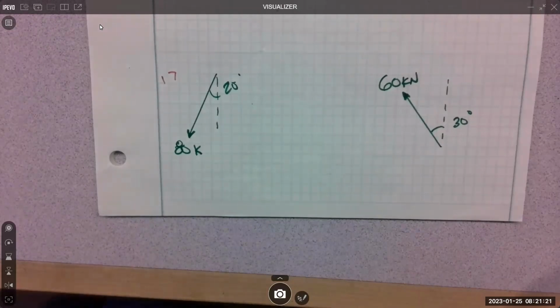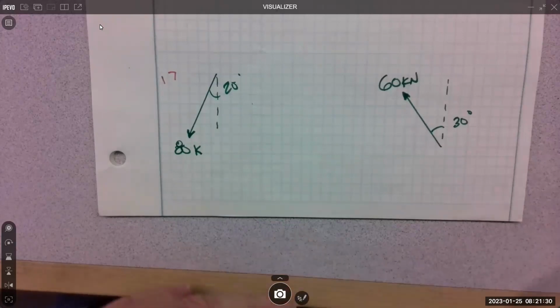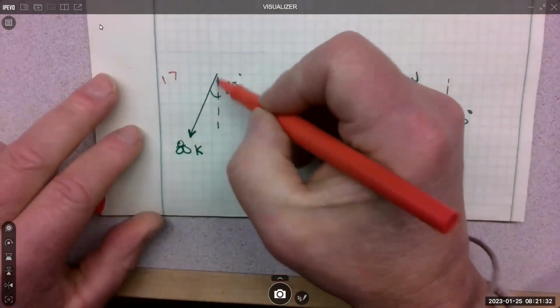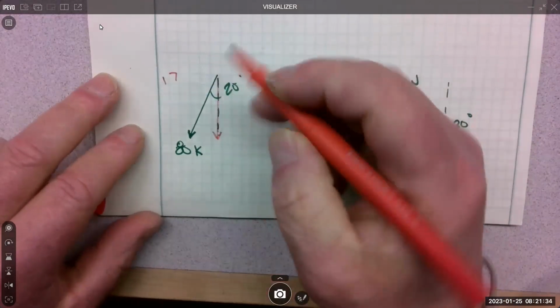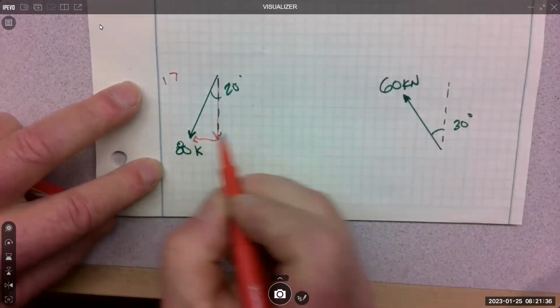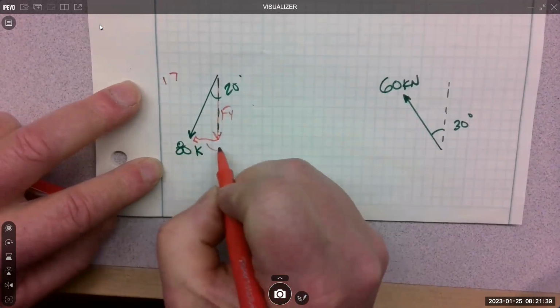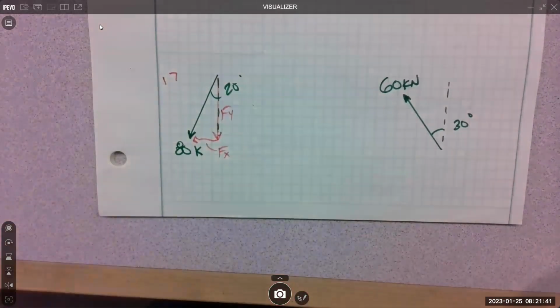At a 20-degree angle from vertical. So again, just try to draw that in. And then I wanted the rectangular components. Is that right? So again, we have down effect and we have left effect. So this is going to be Fy, going to be Fx.